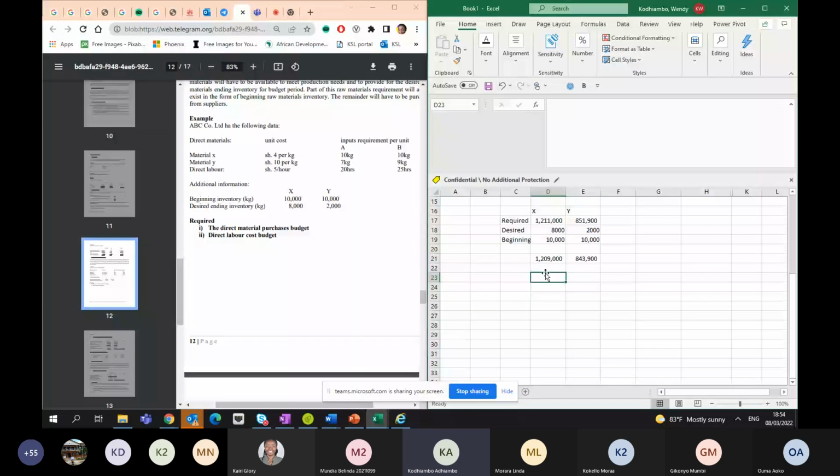So we have X at 4 shillings and we have Y at 10 shillings. So basically we're going to take the total of X times the cost per material.